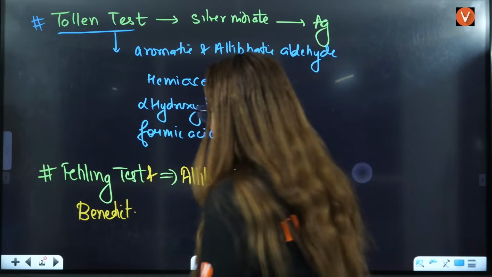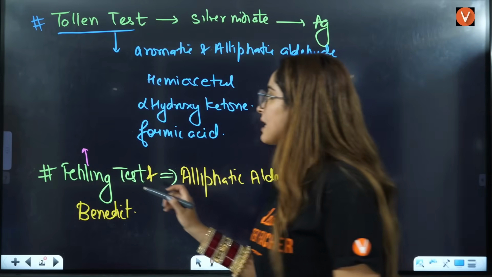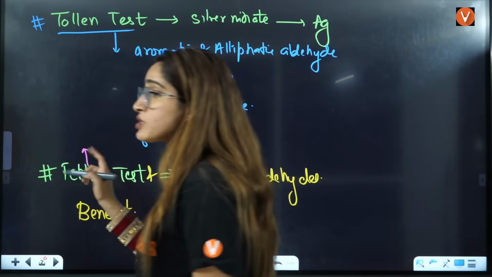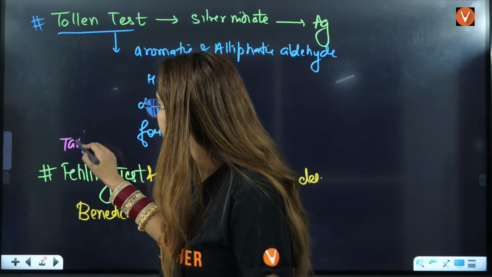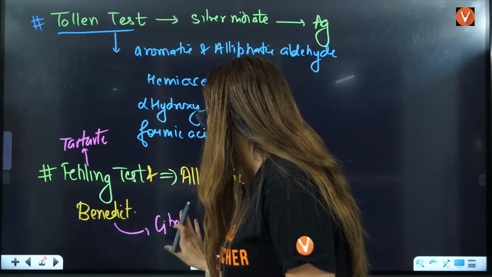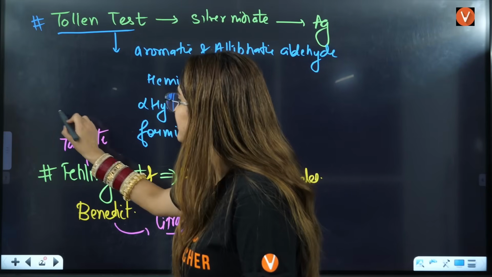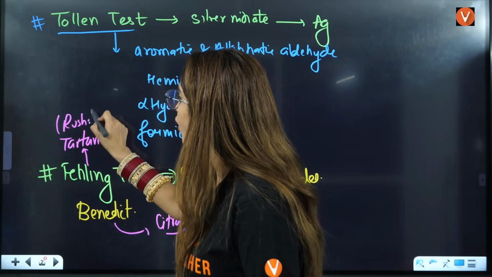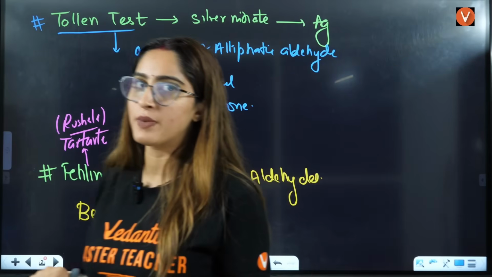But remember that in Fehling test, you use copper sulfate, definitely you use, right? That is Fehling A. But you use sodium potassium tartrate. Here you use tartrate, right? Here you use citrate, right? These are the important points, and this is also called Rochelle salt. So these are some of the important points that you should remember, right?